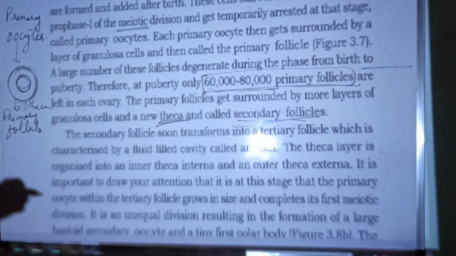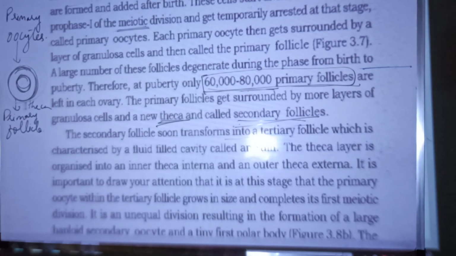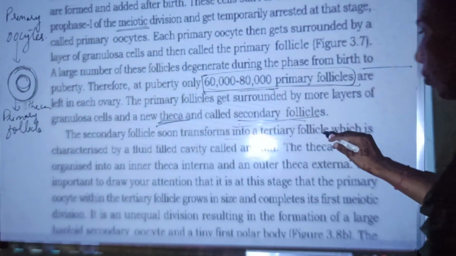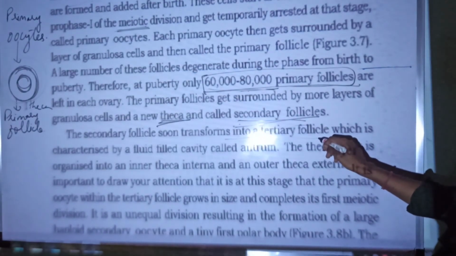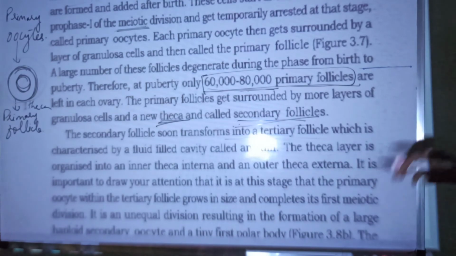Then that secondary follicle will soon transform into what? After secondary, what will be there? It will form the tertiary follicle. Again, an important stage: when the secondary follicle forms a tertiary follicle, there is a fluid-filled cavity in that follicle, and that fluid-filled cavity is called the antrum.